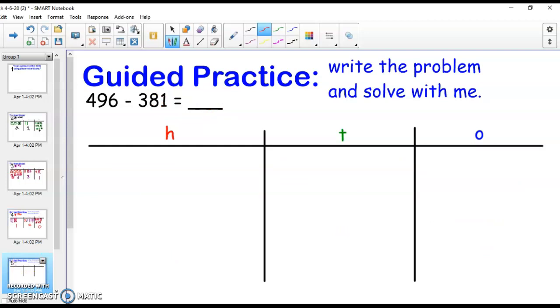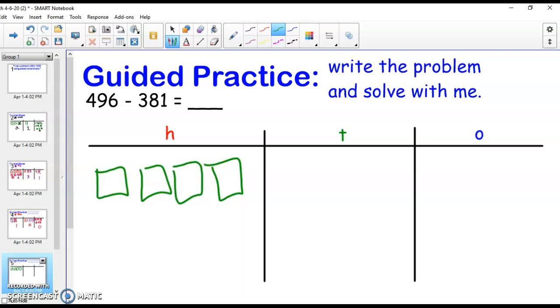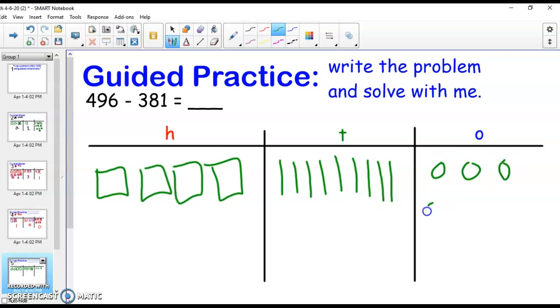496 minus 381. What number do we need to build first? 496, correct. Let's make 496. We need 4 hundreds. We need 9 tens. And we need 6 ones.